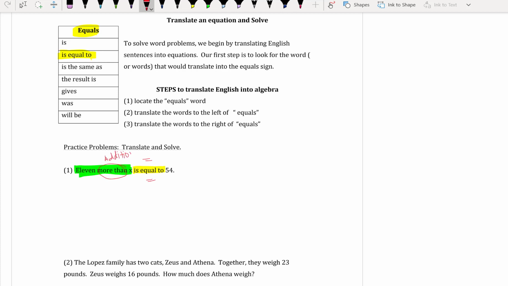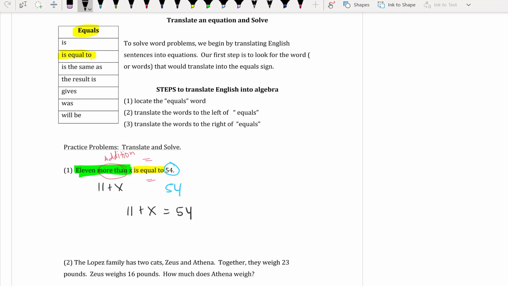So you're going to add 11 plus x. And you have your is equals to, and it tells you that it's equal to the number 54. So what you have is 11 plus x is equal to 54.